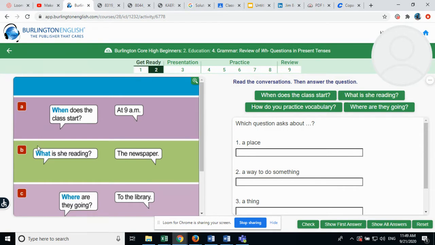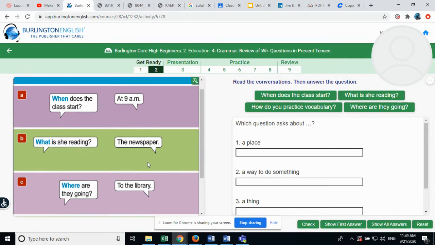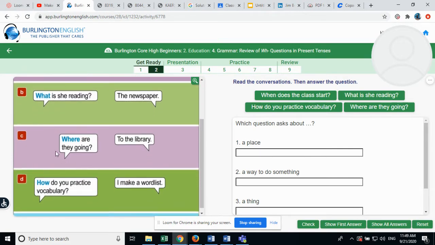When? What is she reading? The newspaper. Where are they going? To the library.